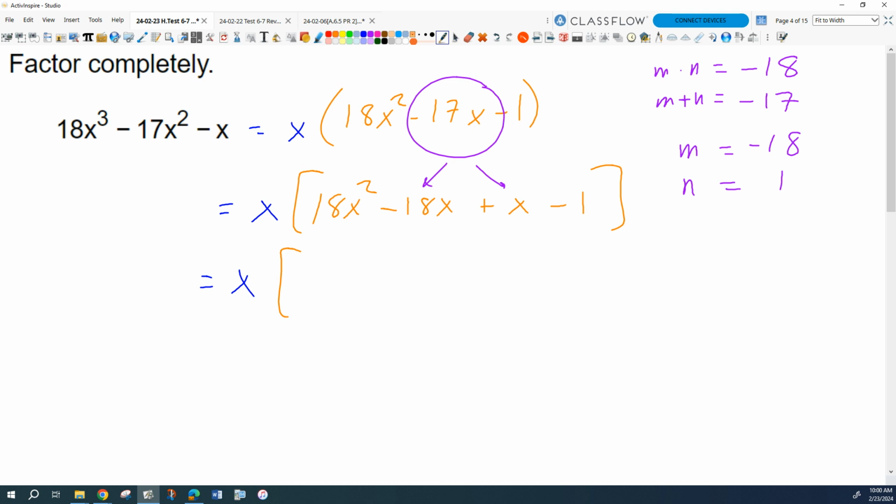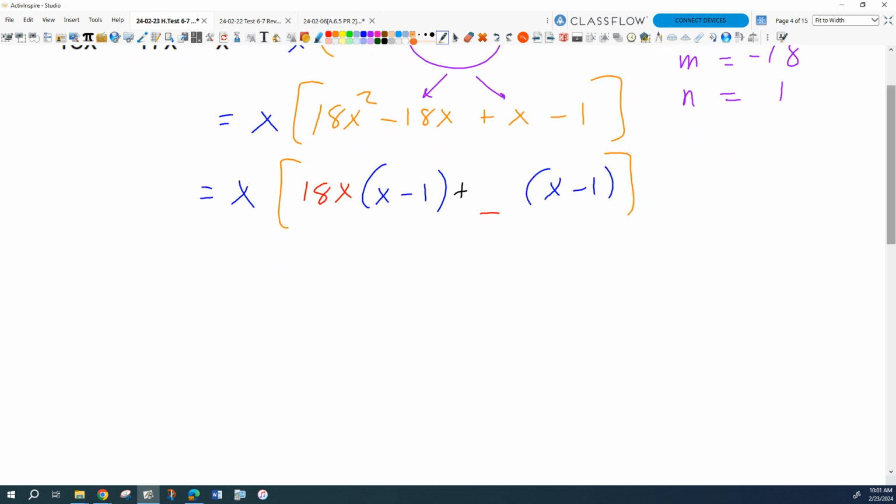If I group this, what am I going to get? 18x times x minus 1, plus, and then what do I end up with?